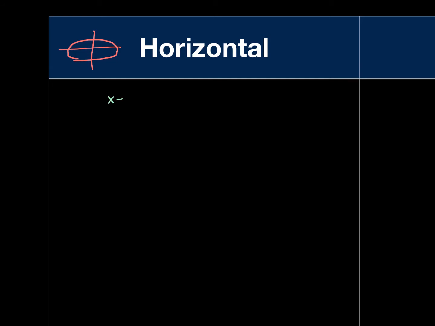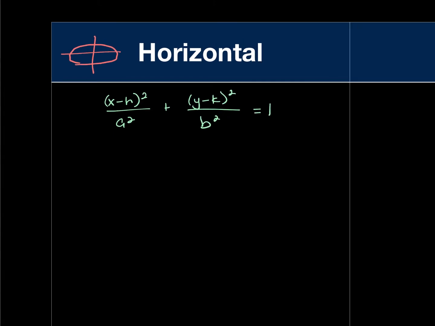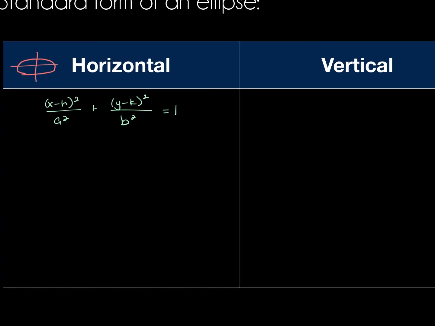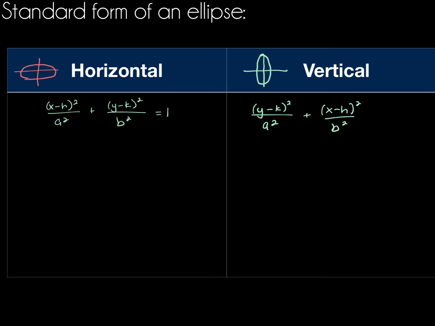So this is x minus h squared over a squared plus y minus k squared over b squared equals 1. And vertical would be taller than it is wide, and it's y minus k squared over a squared plus x minus h squared over b squared equals 1.